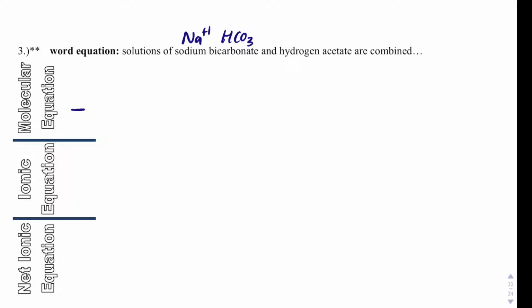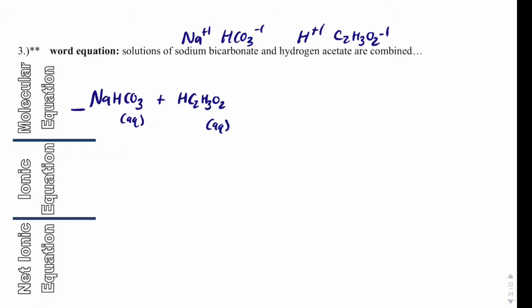So we've got NaHCO3, anything with sodium. Sodium's family 1A on the periodic table, so that will be aqueous, plus hydrogen acetate. C2H3O2 minus 1 is what acetate is, so we get HC2H3O2, and that will also be aqueous.